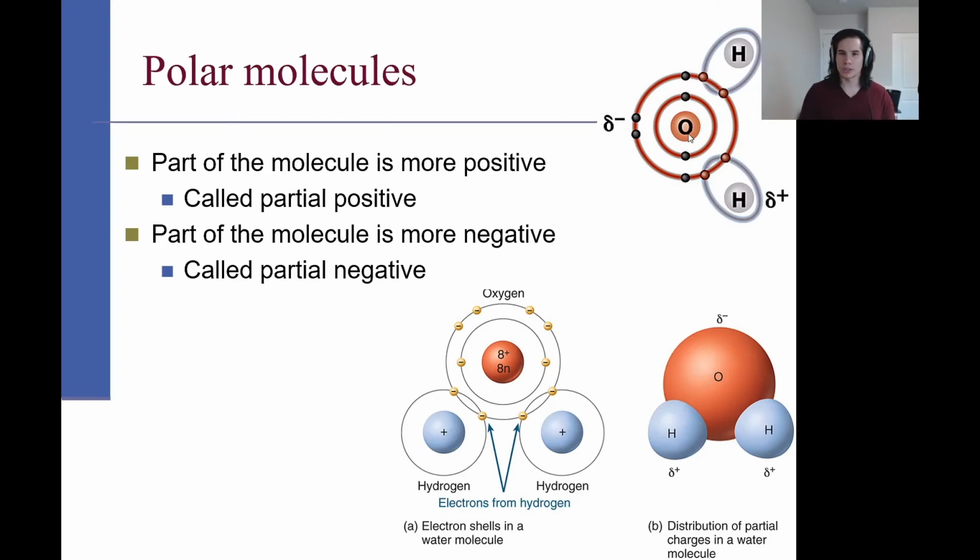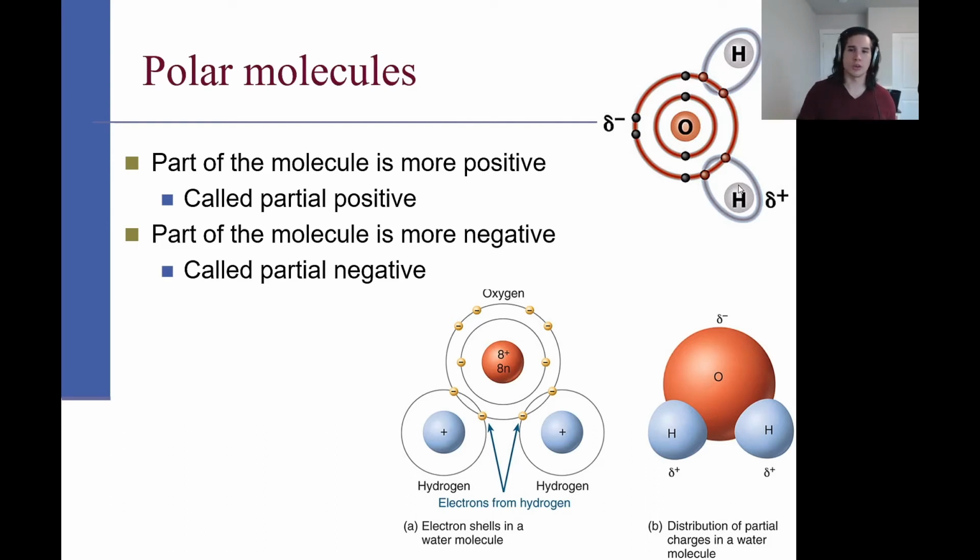Therefore, if oxygen has a higher electronegativity, what's going to happen when you form these covalent bonds is that the electrons are going to spend more time closer to the center of the nucleus or closer to oxygen, which contains more positively charged particles. So you're sharing this bond between oxygen and hydrogen.